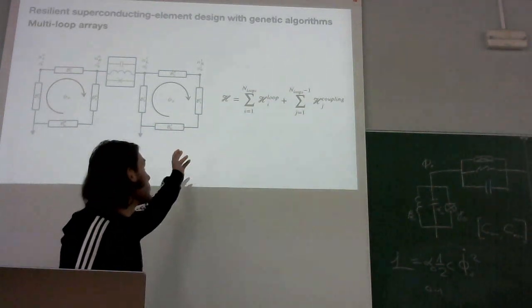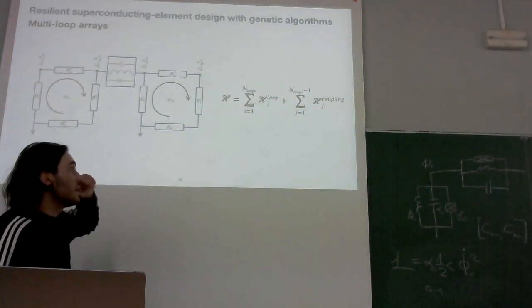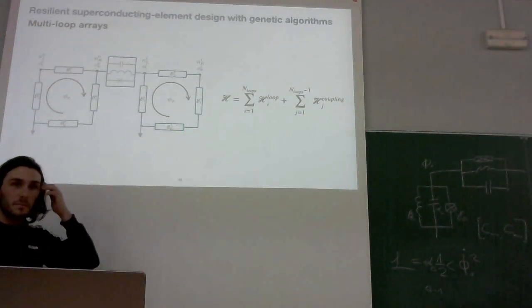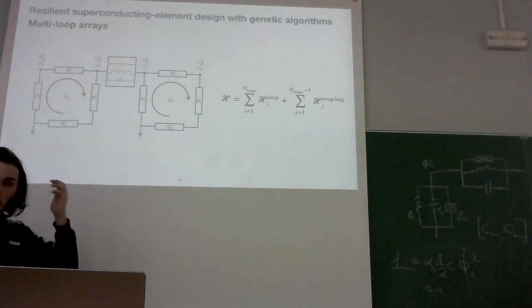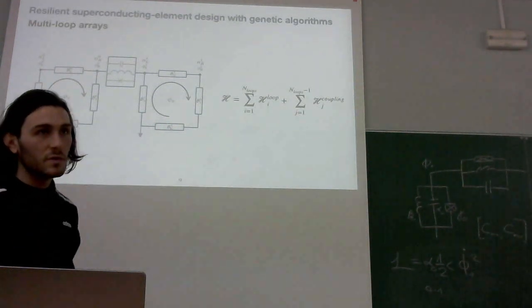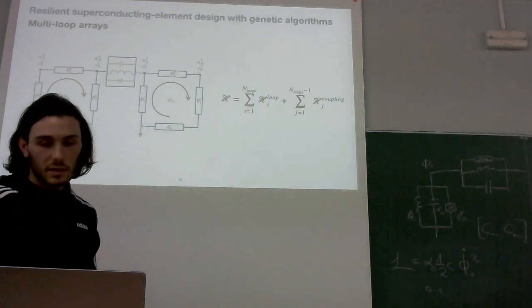The Hamiltonian of the multi-loop would be the sum of the single loop Hamiltonians I presented before, plus coupling terms depending on the form of the coupling. So we would extend to a one-dimensional array of loops. This is what they did in the paper.